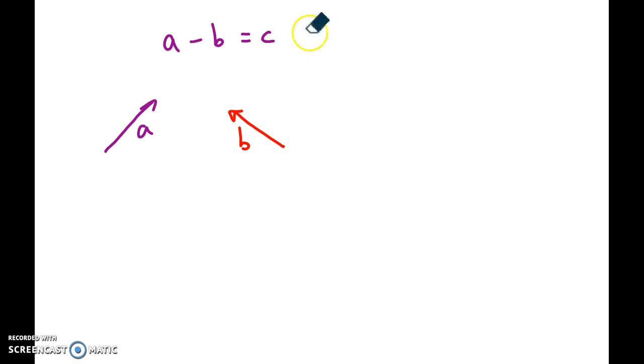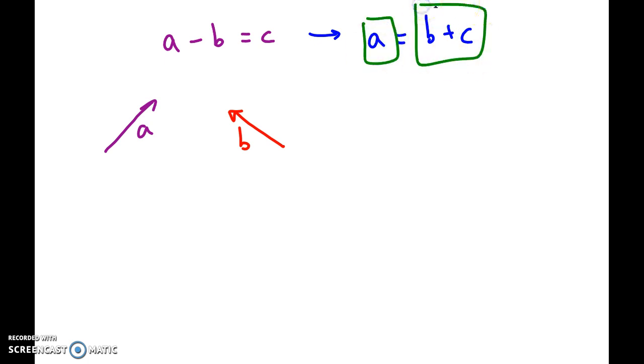If you take this subtraction, you can rewrite it as an addition. So I'm going to bring B to the other side, and now I'll have A equals B plus C. So A is actually the resultant. B and C, those have to be added tip to tail, so that A is the resultant.